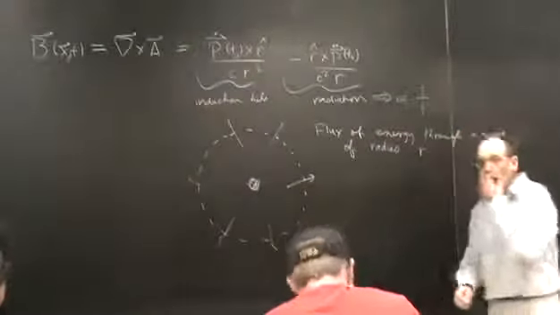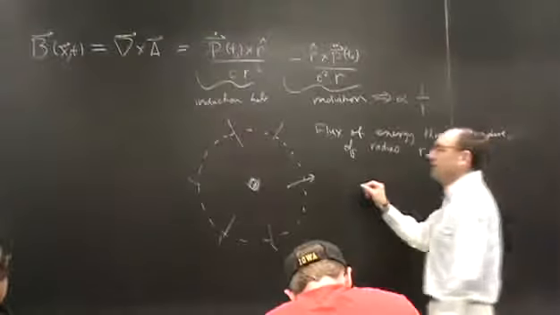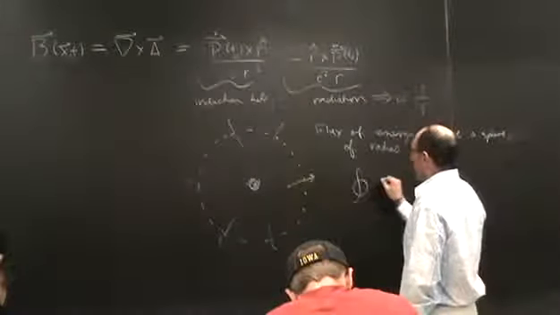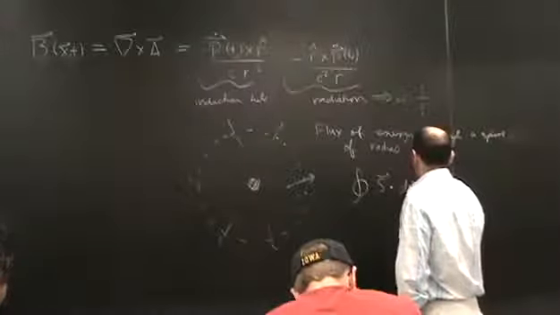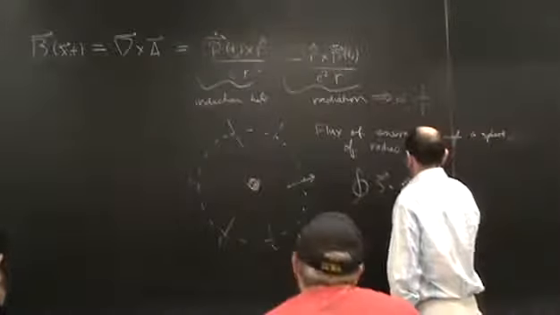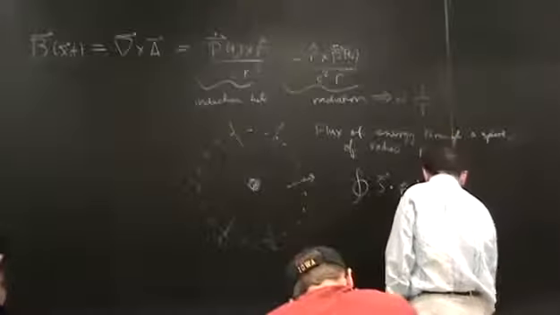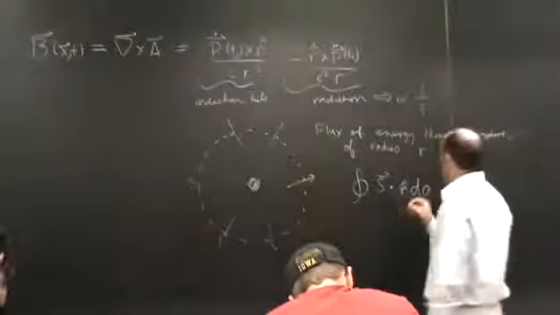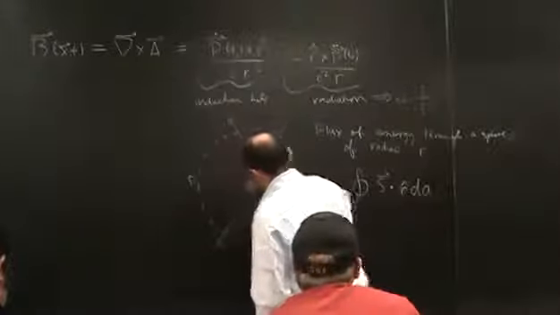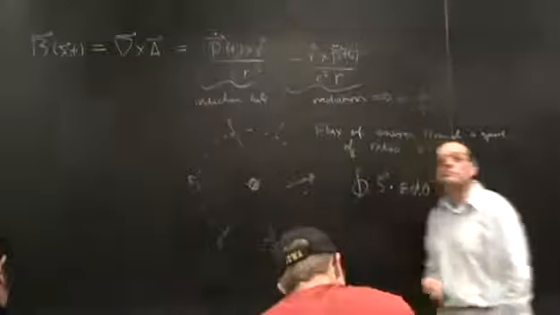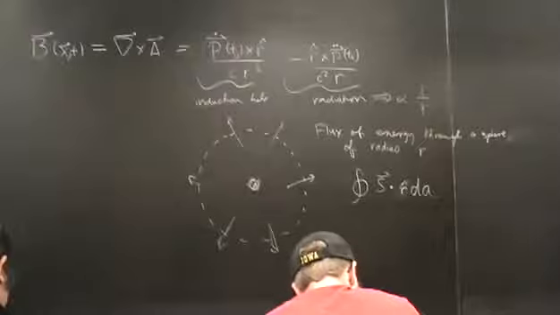Well, that flux of energy is given by the Poynting vector integrated through the surface of the sphere. Okay?